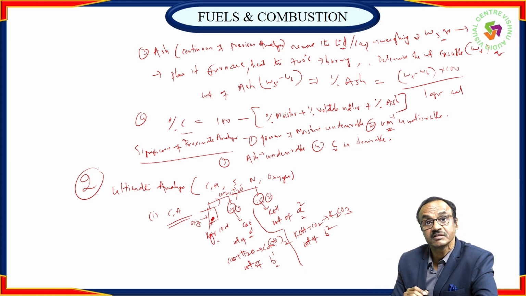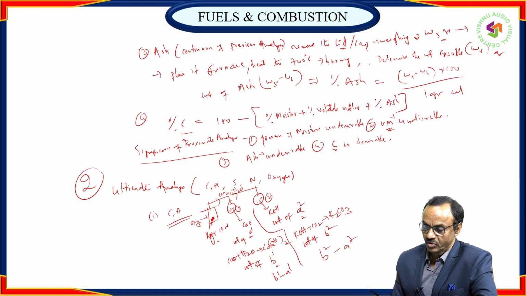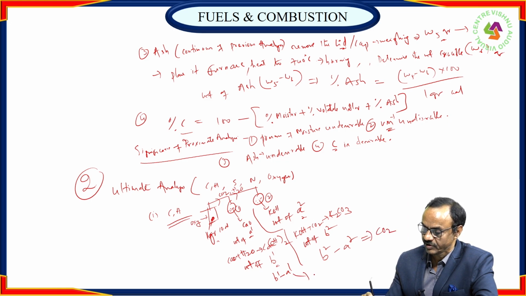How much weight increased? Just subtract: B1 minus A1 and B2 minus A2. So this gives the amount of H2O vapor formed and the amount of CO2 formed.